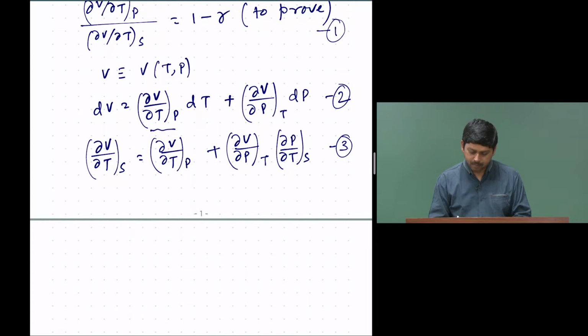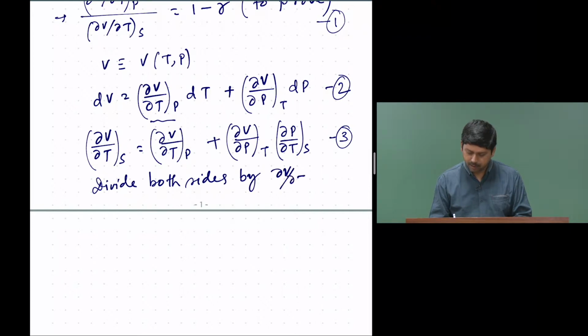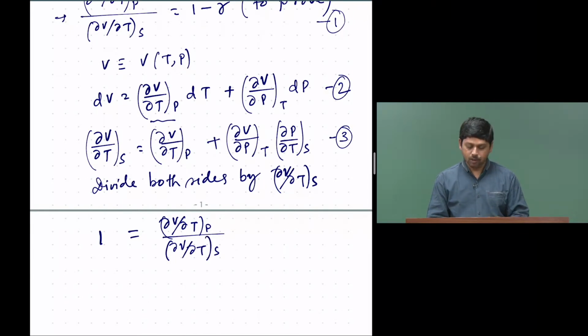Now, we need this quantity, (del V/del T) at constant P by (del V/del T) at constant S. So, divide both sides by (del V/del T) at constant S. So, what we get is, sorry, we will get 1 equal to (del V/del T) at constant P by (del V/del T) at constant S, because this is what we wanted to get, right.